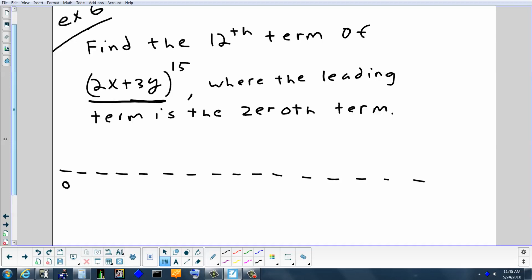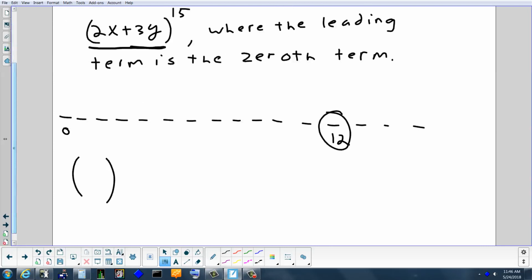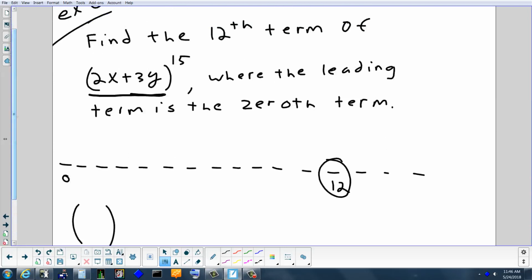So 0, 1, 2, 3, 4, 5, 6, 7, 8, 9, 10, 11, 12. That's the term that I want to know. So let's start with the coefficient. What would be the notation for my coefficient? I'm raising to the 15th power, and I want to know the 12th term.